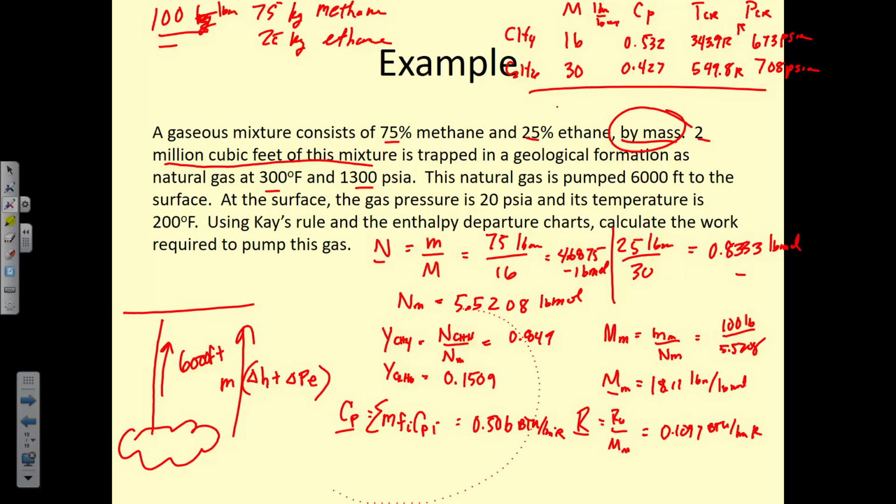Okay, so in this problem, we don't have time to go through it completely. We're going to find H2 minus H1 ideal. Then we're going to have to figure out this correction factor, ZH1 minus ZH2, to add onto that.